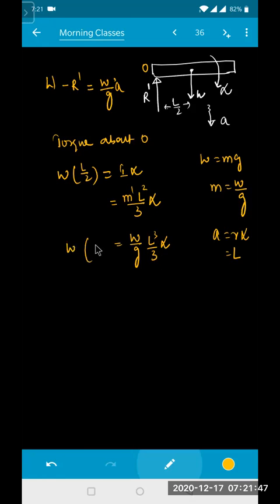So the left side is W into L by 2. Things are getting cancelled here: one L goes away, and W will also get cancelled.